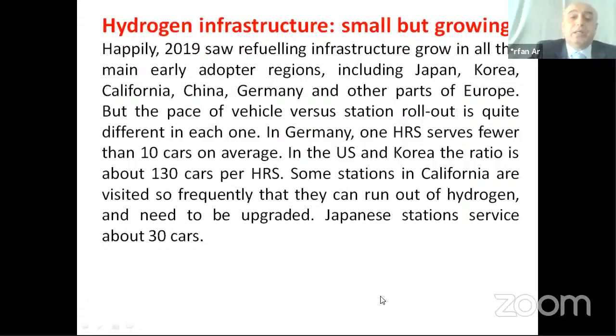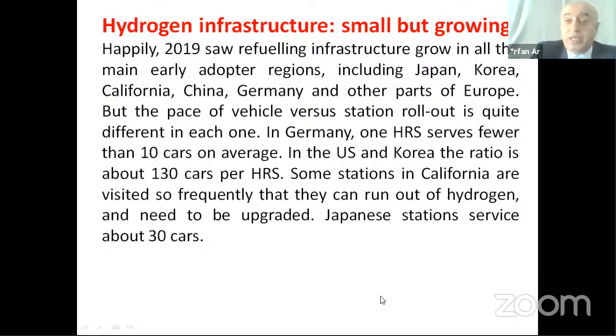Happily, 2019 saw refueling infrastructure grow in all the main early adopter regions, including Japan, Korea, California, China, Germany, and other parts of Europe. But the pace of vehicle versus station rollout is quite different in each one. In Germany, one hydrogen refueling station serves fewer than 10 cars on average.